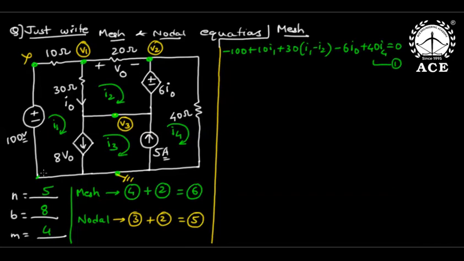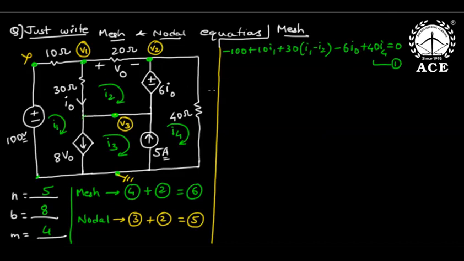Minus 100, 10 I1. Now this you should not go through because there is a resistance here, that is not a super mesh. 30 into (I1 minus I2). Super mesh now because we don't know the voltage. Now I will go right side, but no element. Again a current source, again super mesh. Again go here. Minus 6 I0 plus 40 I4 is 0.